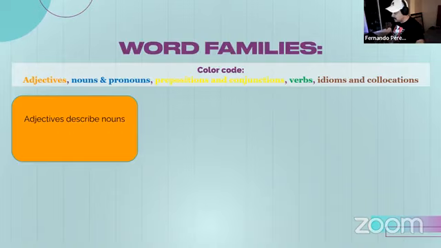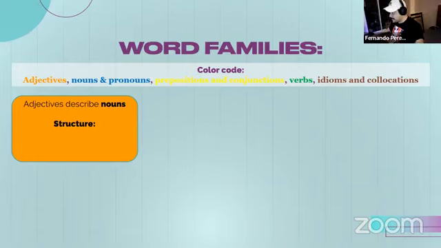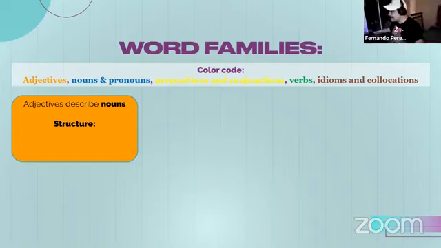What position, in relation to the noun, do they take in the sentence? You think that adjectives are before the nouns? Nice. Very good. We are going to complete this collage very easily, guys.